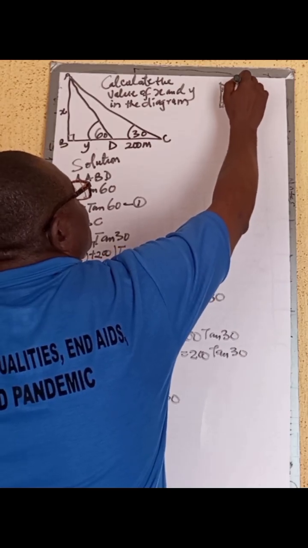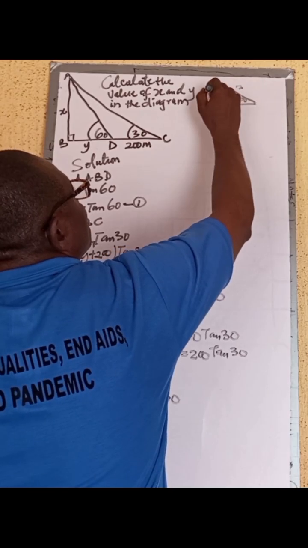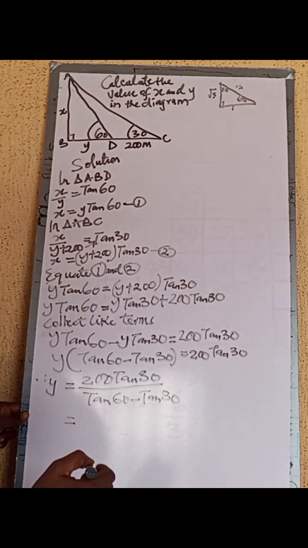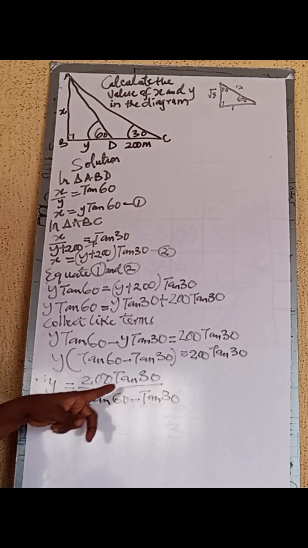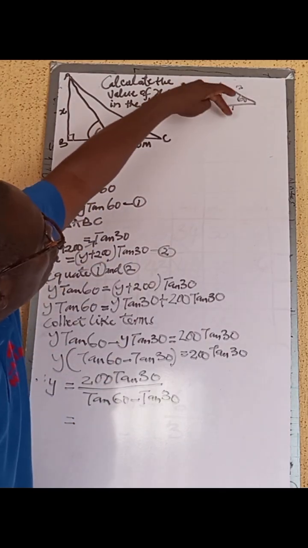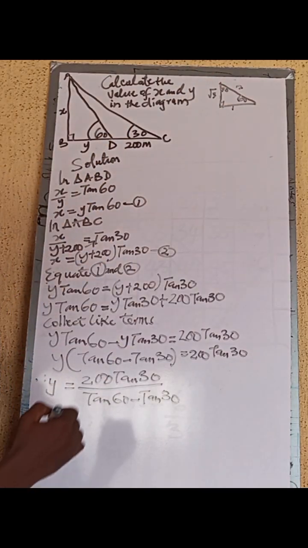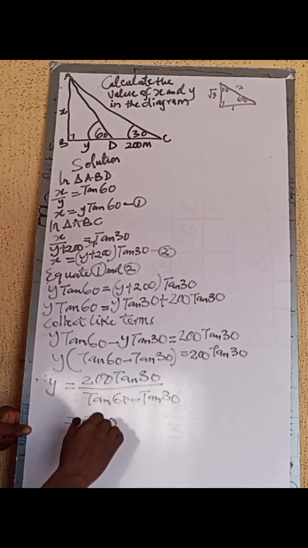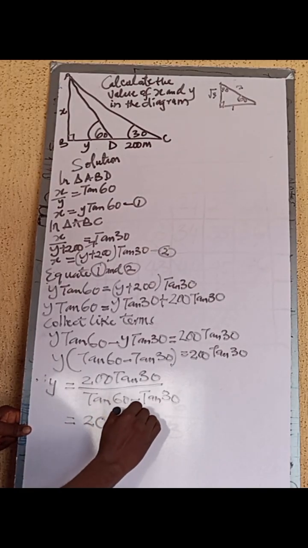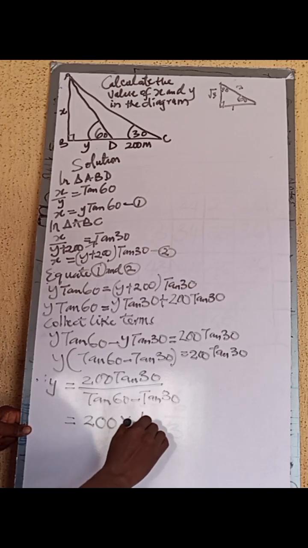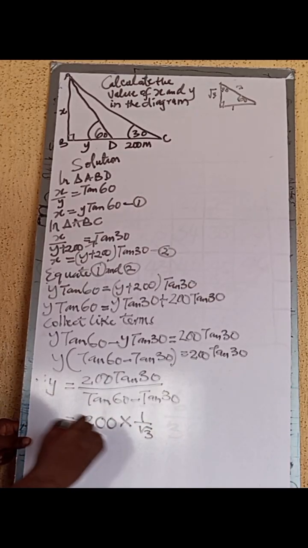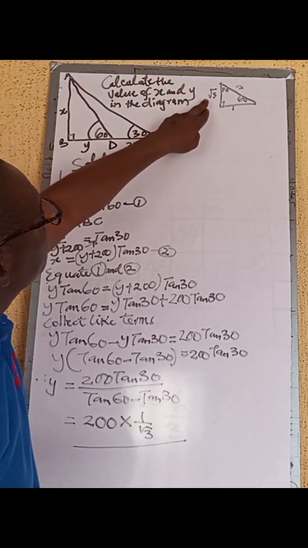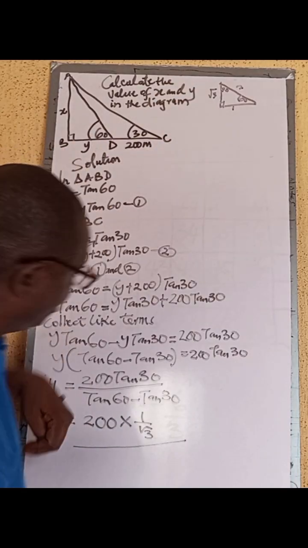This is 2, this is root 3, this is 1. So tan 30, tan is opposite over adjacent, is 1 over root 3. So you can see here 200 times 1 over root 3 for the top. Then all over the bottom, tan 60 is root 3.